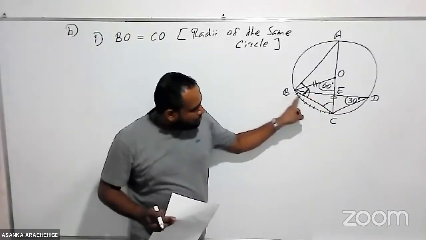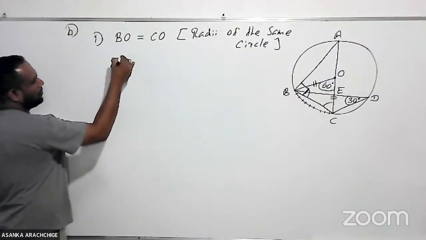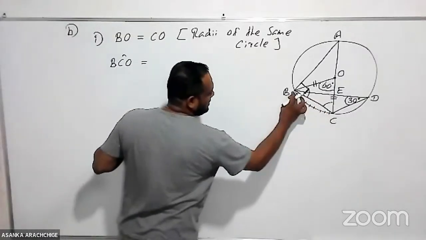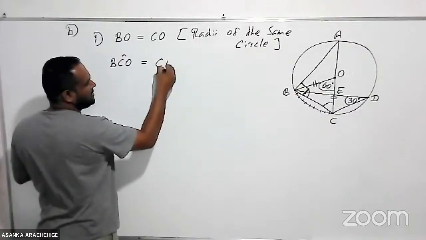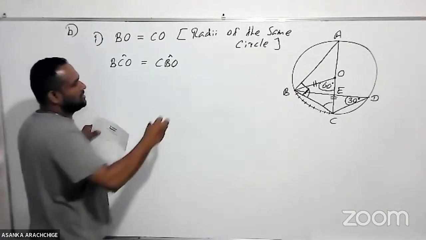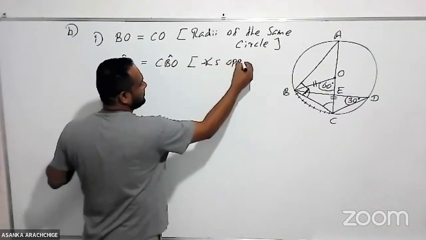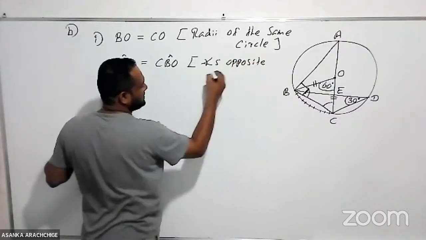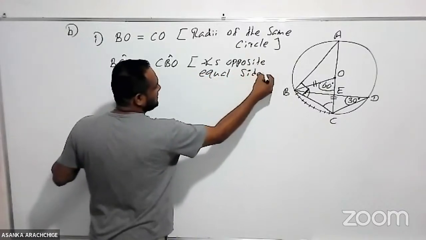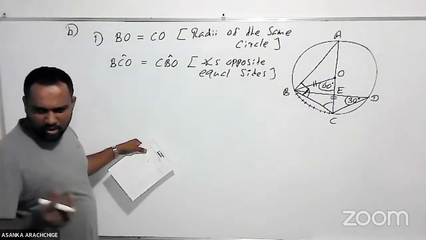Angle BCO equals angle CBO. Clear? The reason: angles opposite equal sides are equal.